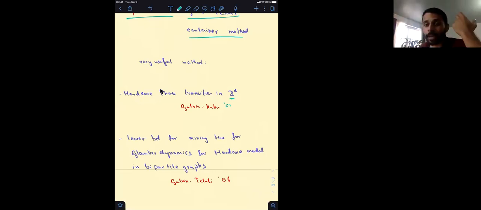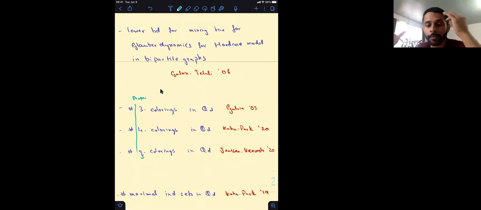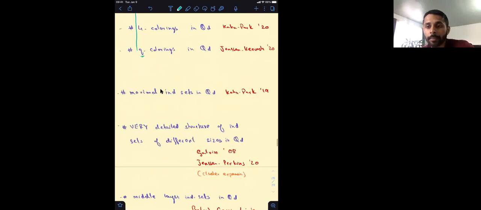It helps count the number of proper 3-colorings in the hypercube. This is due to Galvin. The proper 4-colorings is due to Kahn and Park, and this was settled for every constant q, the number of q-colorings, due to Jenssen, Malekshahian, and Perkins. This method also helped in counting other information about the hypercube, like if you want to count not the independent sets but the number of maximal independent sets.